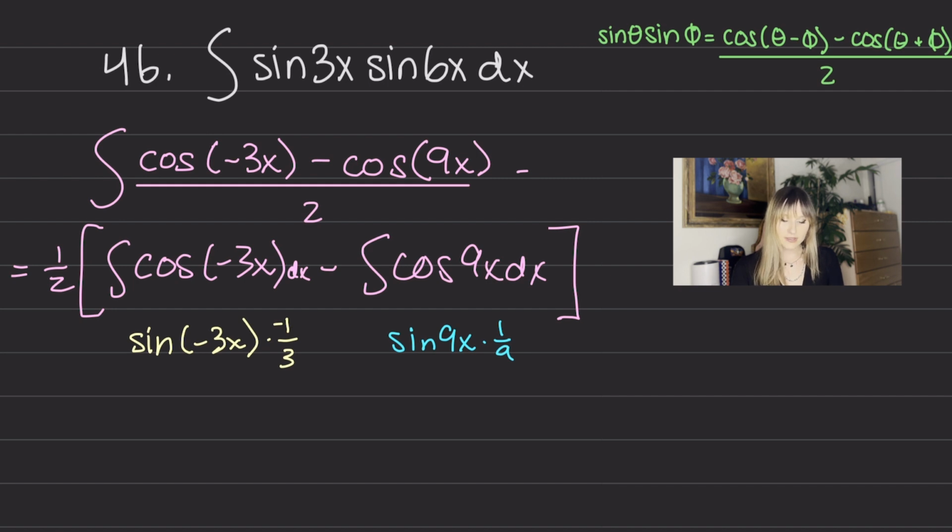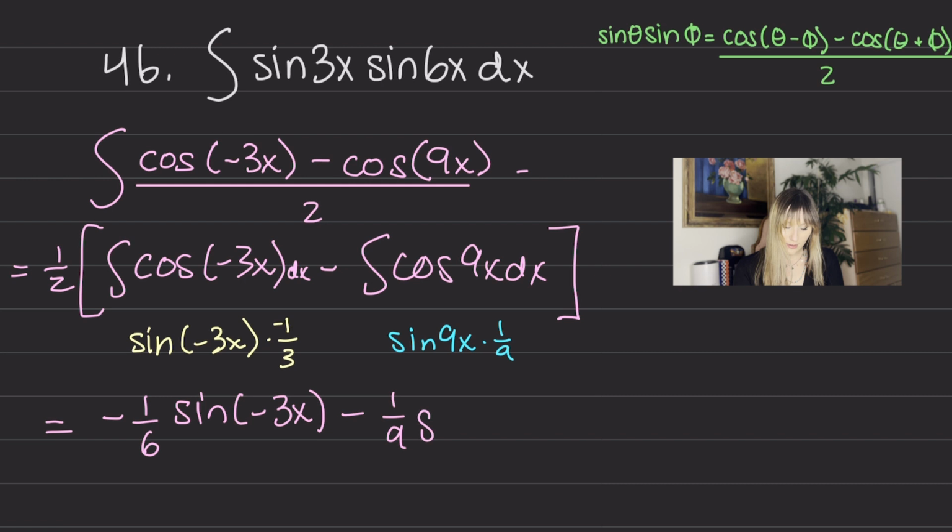Obviously, I'm going to check this later. Okay, so then we are going to bring in that 1/2 and that negative, and I'm going to write the final answer here. So we have the minus 1/6 sine of minus 3x minus 1/9 sine of 9x. And that concludes number 46.